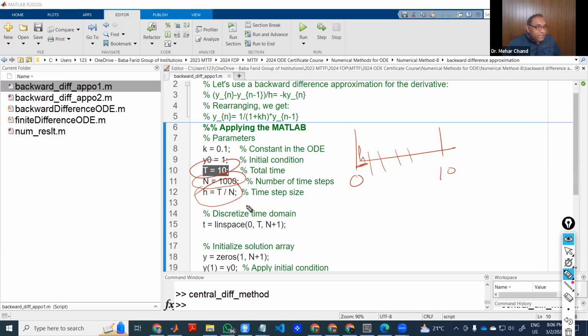According to the above, we need to discretize the time domain, and then we will get the value corresponding to each iteration.